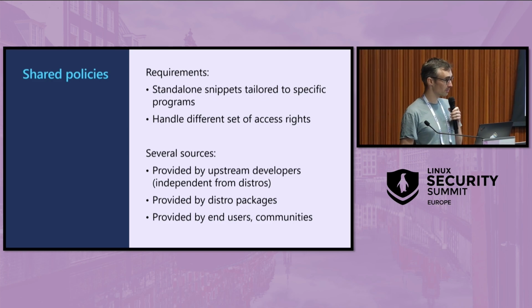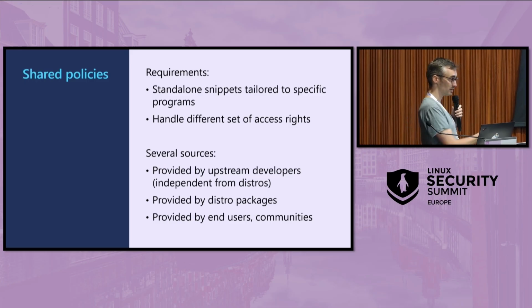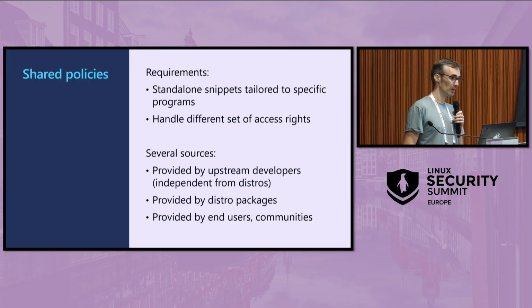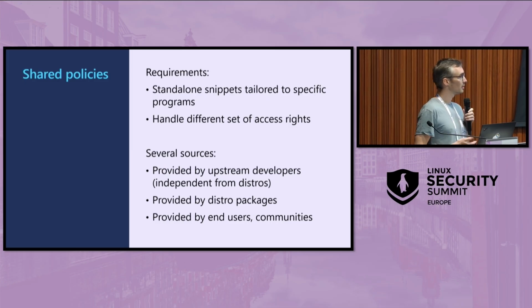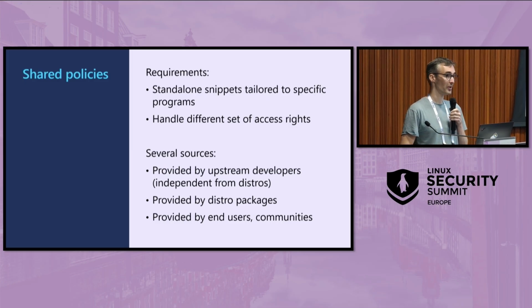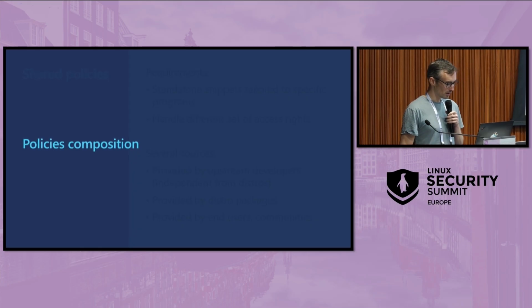But also distribution developers might want to either take these configuration files directly or add their own if the upstream doesn't provide them. And sysadmins or local users might also want to customize some part of security because they have some specific paths and they have some specific use cases. So for this to work, we need to have a good policy composition story.